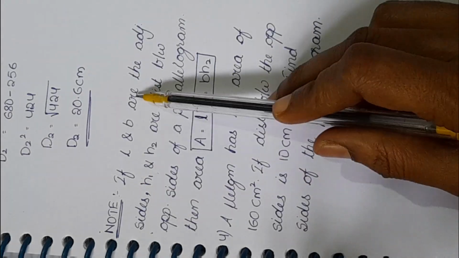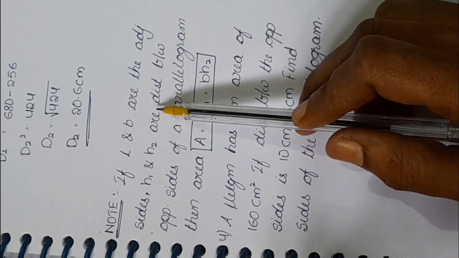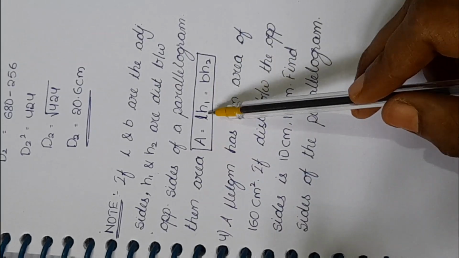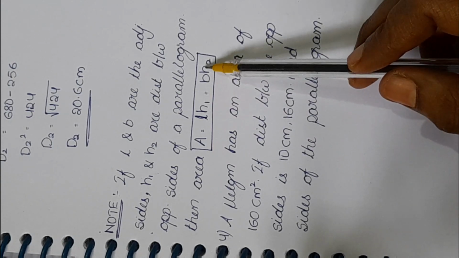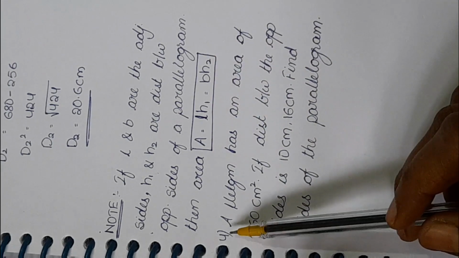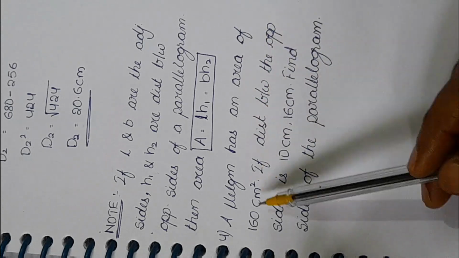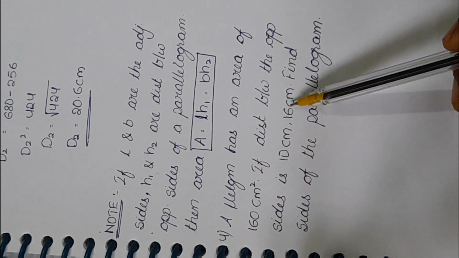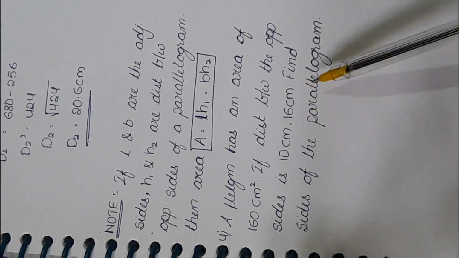Another note point: if L and B are the adjacent sides, and H1 and H2 are the distances between the opposite sides of a parallelogram, then area is equal to L into H1, which is equal to B into H2. Let us see a question. A parallelogram has an area of 160 centimeters square. If the distances between the opposite sides are 10 centimeters and 16 centimeters, find the sides of the parallelogram.